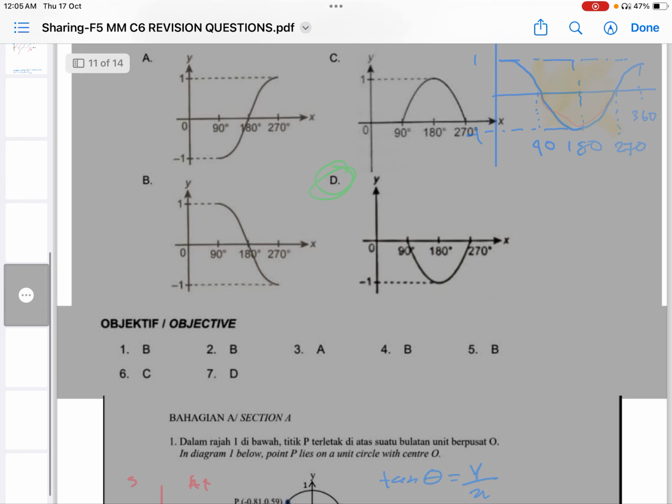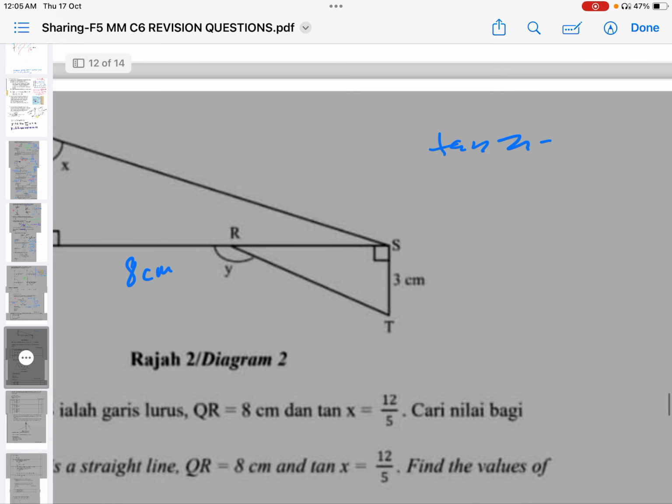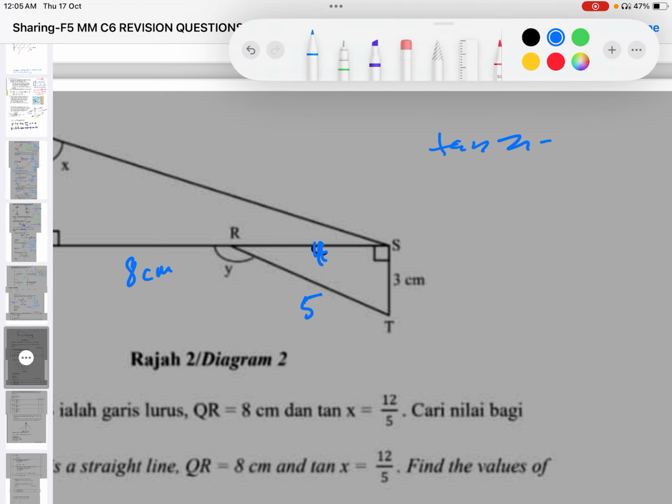Sorry for the interruption. Okay, so ni adalah 4 tadi. Adalah 3, ni adalah 5. So tan SRT, sorry, my bad.